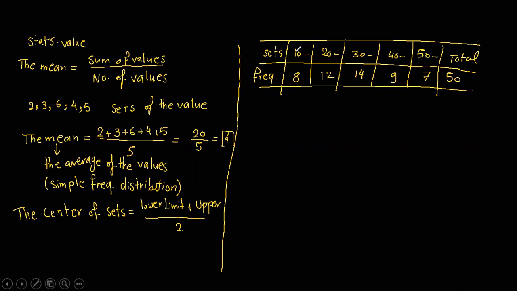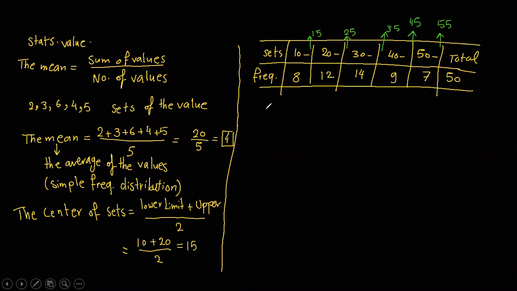Then if we have 10 plus 20, for example, over 2, it will be 15. So the center of this set will be 15. 20 plus 30 over 2 will be 25. 30 plus 40 will be 35. And so on. The increase will be 10, then it will be 45, then 55.